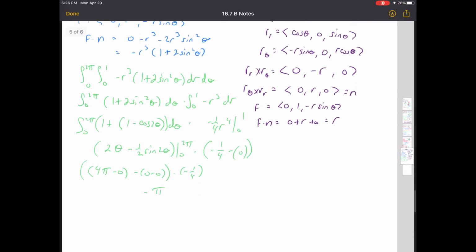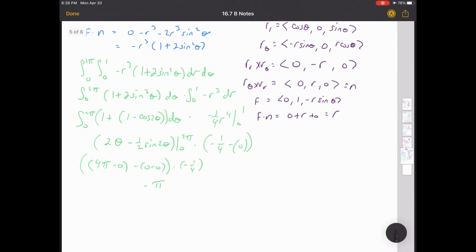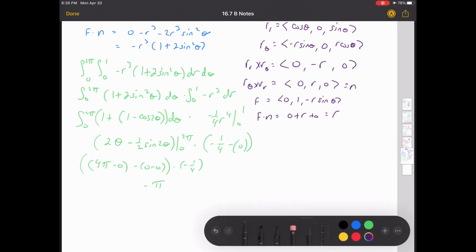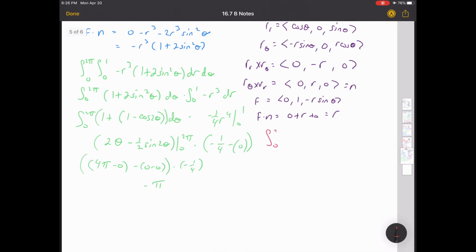All right, so this should be pretty easy to integrate. Theta still has to go from 0 to 2 pi. R goes from 0 to 1. Our dot product is just r. And don't forget, it's dr d theta.